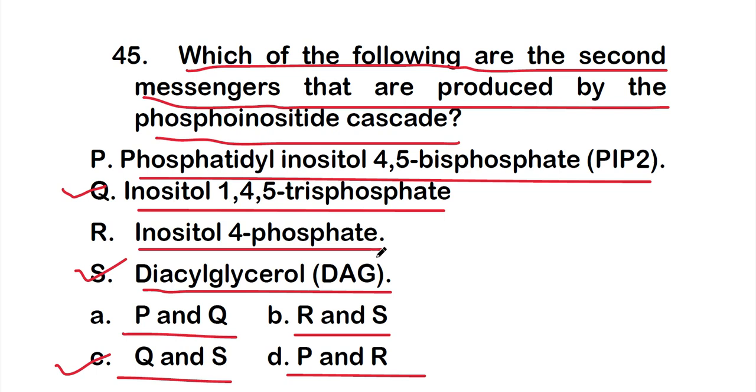These are the two secondary messengers produced from the phosphoinositide cascade.